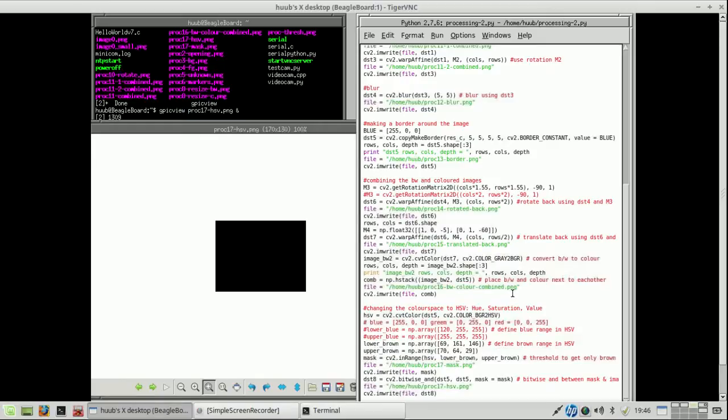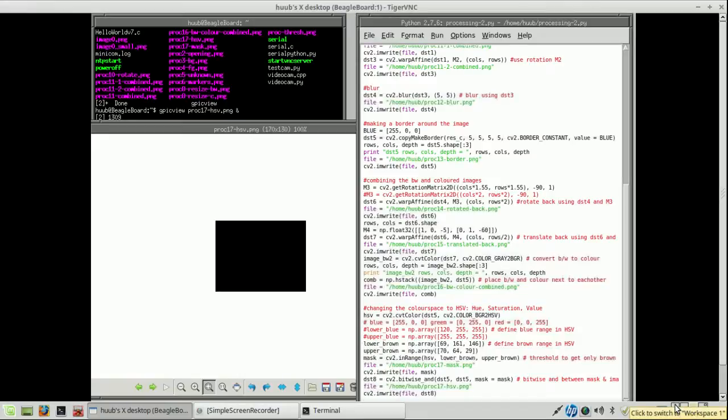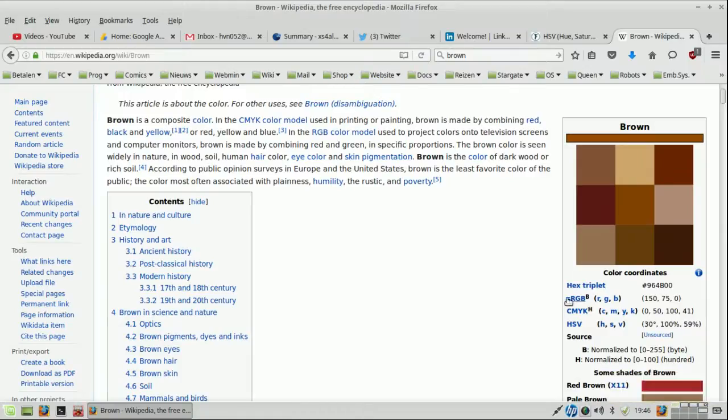So when I look at those values, I of course have to ignore those. So let's check for a moment on here. Brown in its various colors should be then 150. That is RGB, of course, so BGR is 150, 75 and 0, if that is correct.